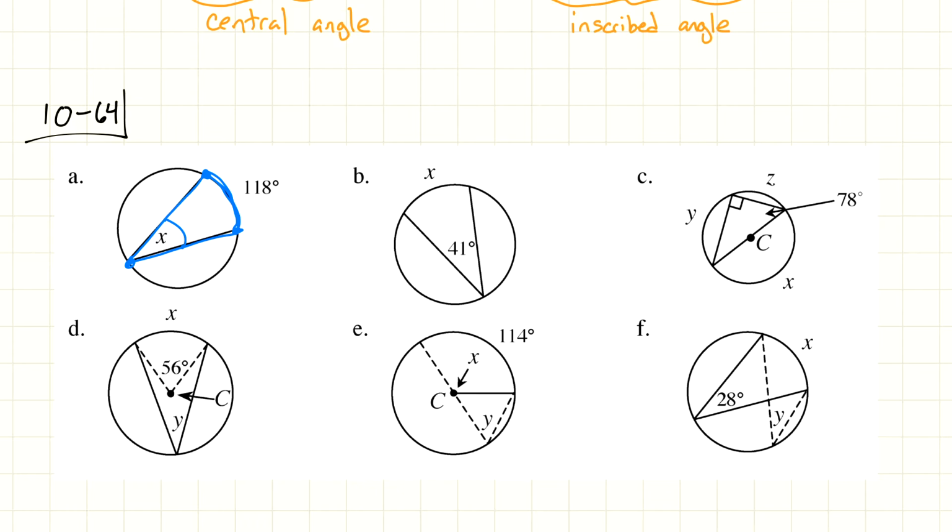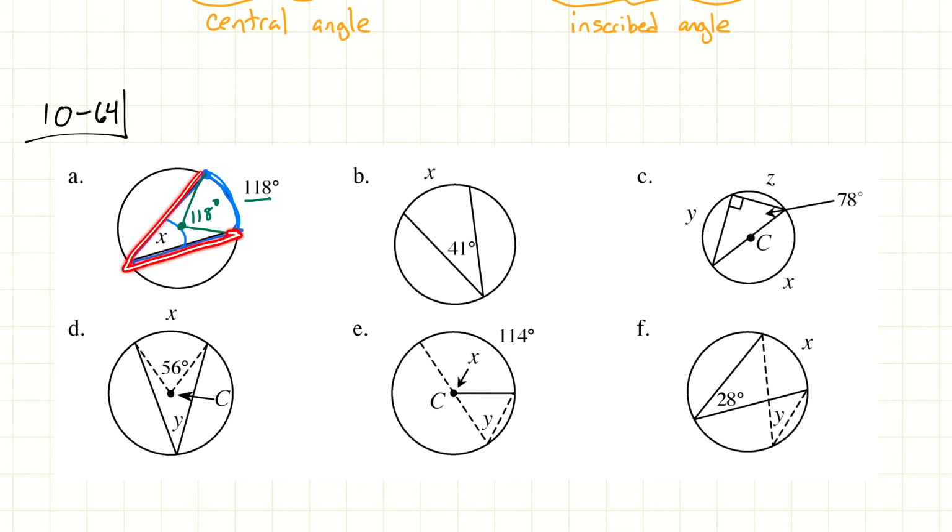If I think about what we learned earlier, there was a connection between the central angle. You'll notice there's no central angle here, but if I draw it in, there's a connection between the arc and the central angle, and that is they are the same. So this must be 118 degrees. And then I know there's a connection between the central and the inscribed.